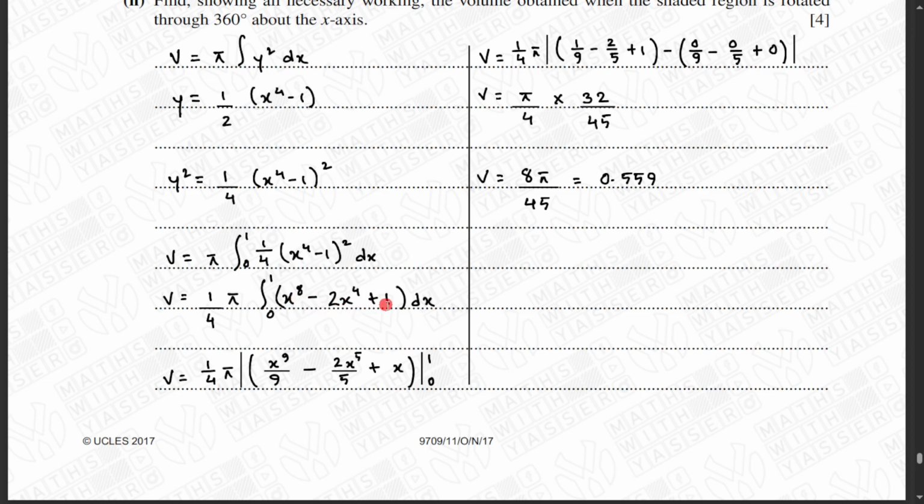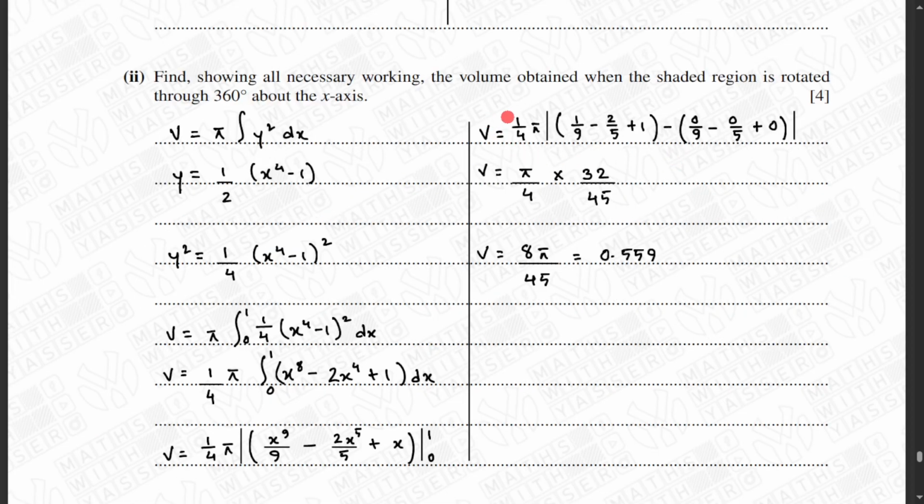Now we have 1 over 4 times pi, and the limits we have are 1 and 0. Now if we integrate this equation, we get x to the power 9 over 9 minus 2x to the power 5 over 5 plus x. Now substituting these two values 1 and 0, we get 1 over 4 times pi, and then we have 1 to the power 9 is 1 over 9 minus 2 times 1 to the power 5 is just 2 over 5 plus 1, minus 0 over 9 minus 0 over 5 plus 0.